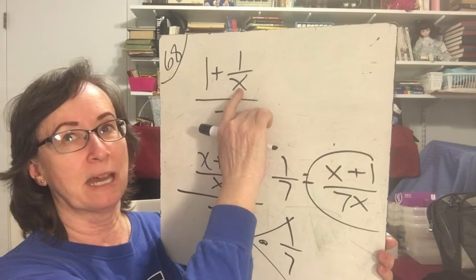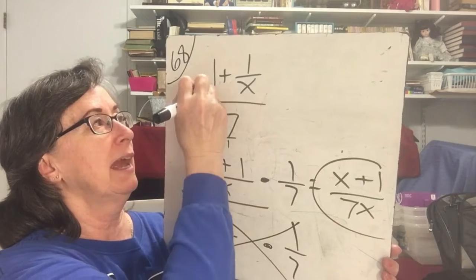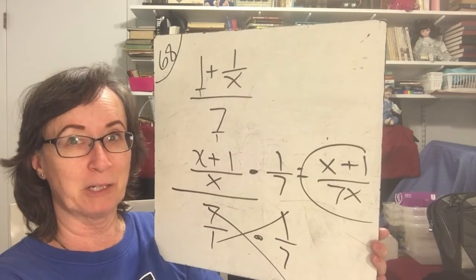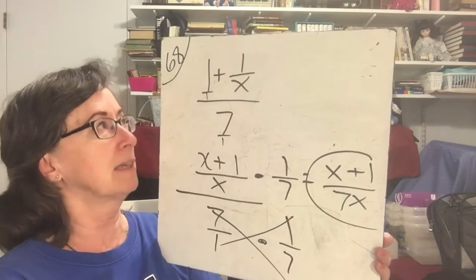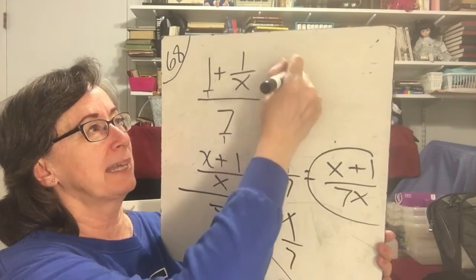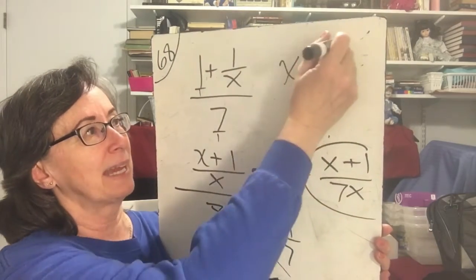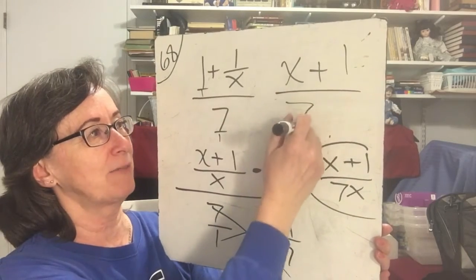This one has a denominator of x, this one has a denominator of 1, and this one has a denominator of 1. So my least common denominator would be x. So I'm going to multiply everything by x. If I multiply 1 by x, I get an x. If I multiply 1 over x by x, I get a 1. If I multiply 7 by x, I get a 7x.